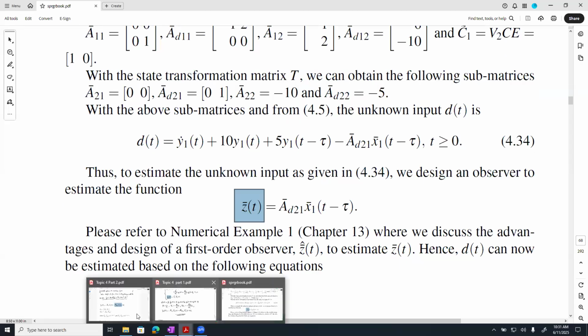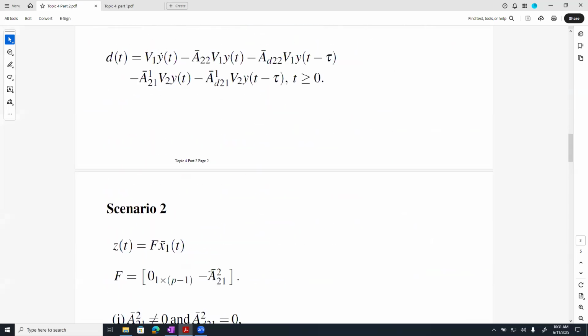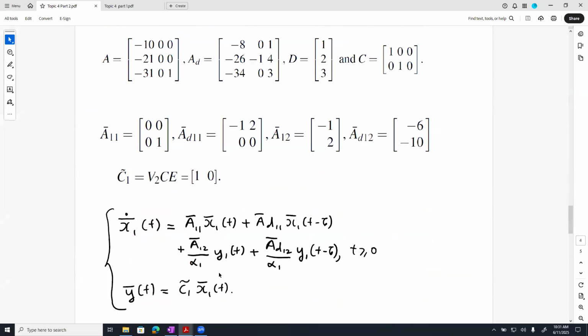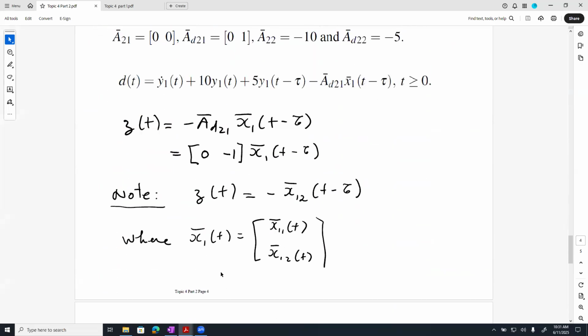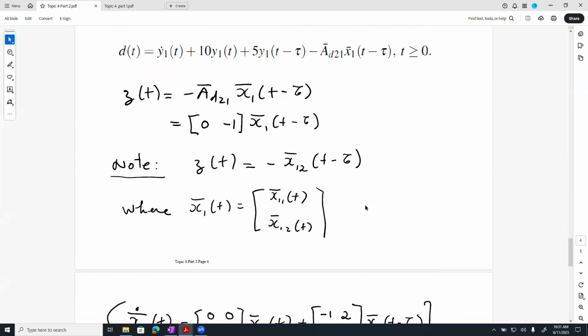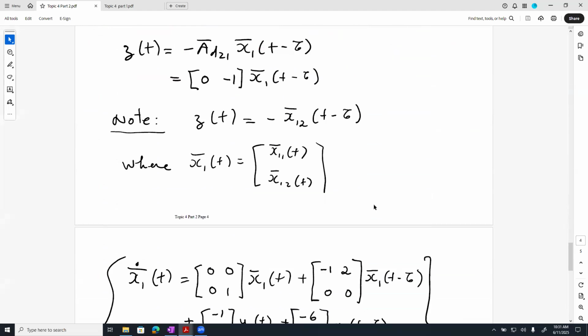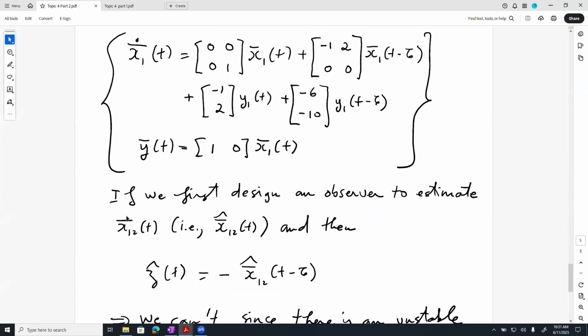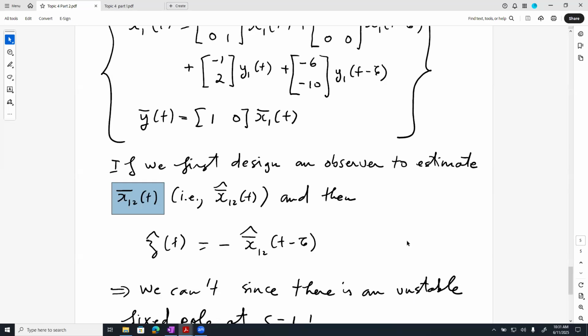So the thing about this is that when we design an observer to estimate that unmeasurable variable first, at the time there were no techniques available that tell us you can estimate a delayed unmeasurable stack vector. What you have to do is estimate that first and then delay it. We show that later on in topic 5, part 2.